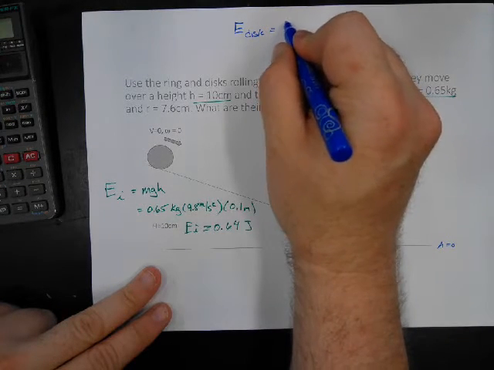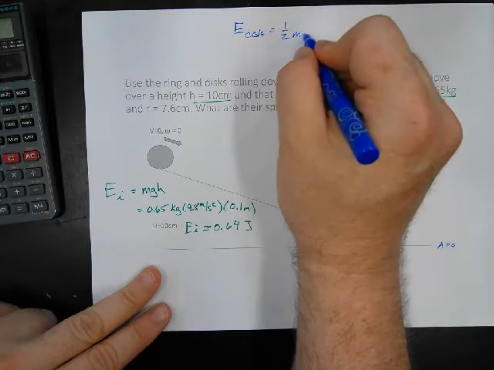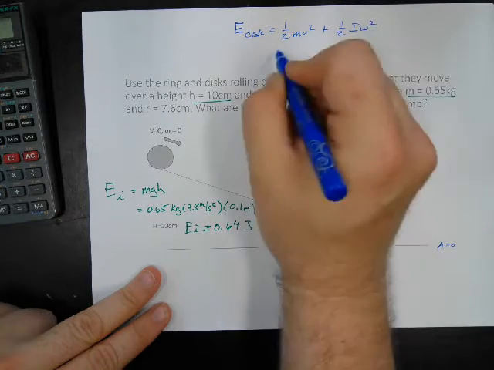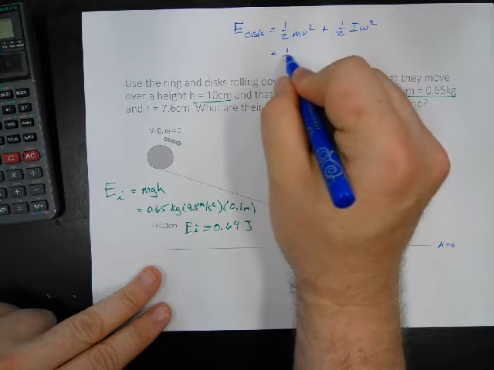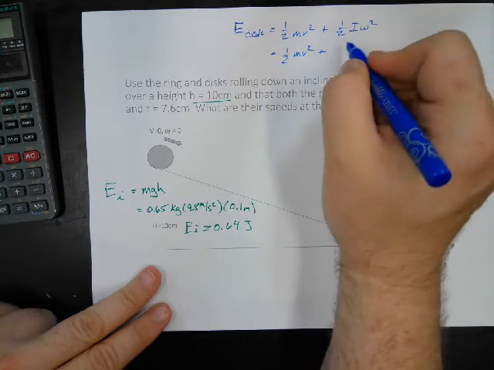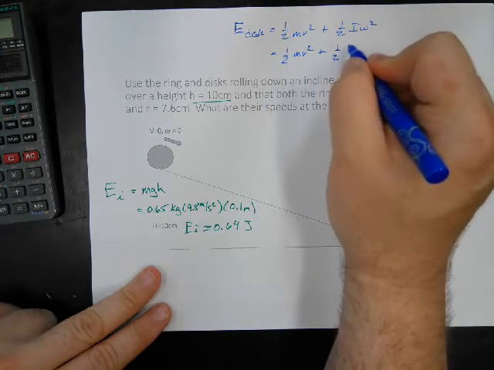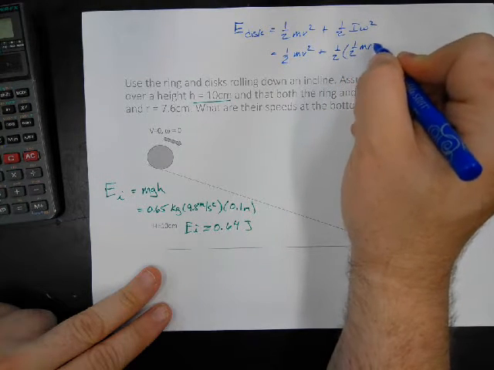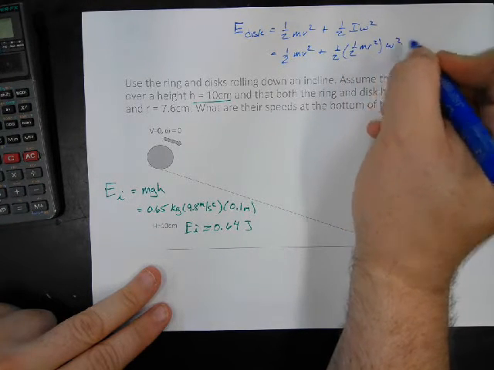It's just going to be 1/2 mv squared plus 1/2 I omega squared. But that is 1/2 mv squared plus 1/2 times I, which is 1/2 mr squared, times omega squared.